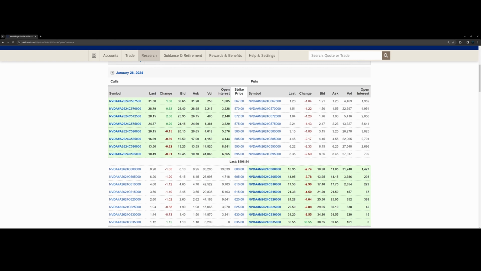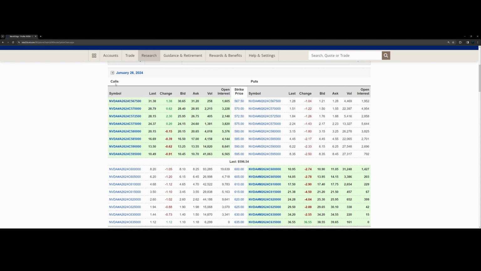Those additional data points specific to options are presented via an option chain. The option chain is used by investors to view the pricing, as you can see here, and activity for the chosen underlying asset, which in this case is NVIDIA.